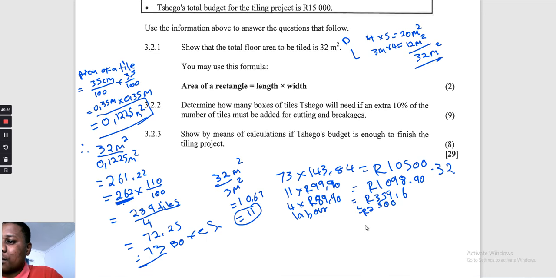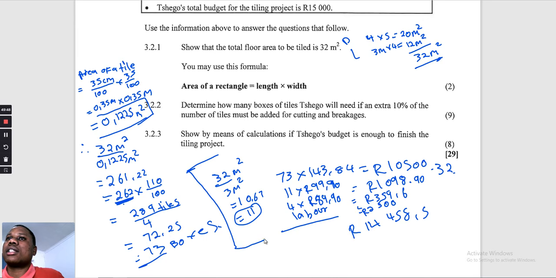That gives me 14,458 rand 50 cent. That means the budget is enough. The budget is enough to cover the whole project. So this was everything for question 3.2.3.